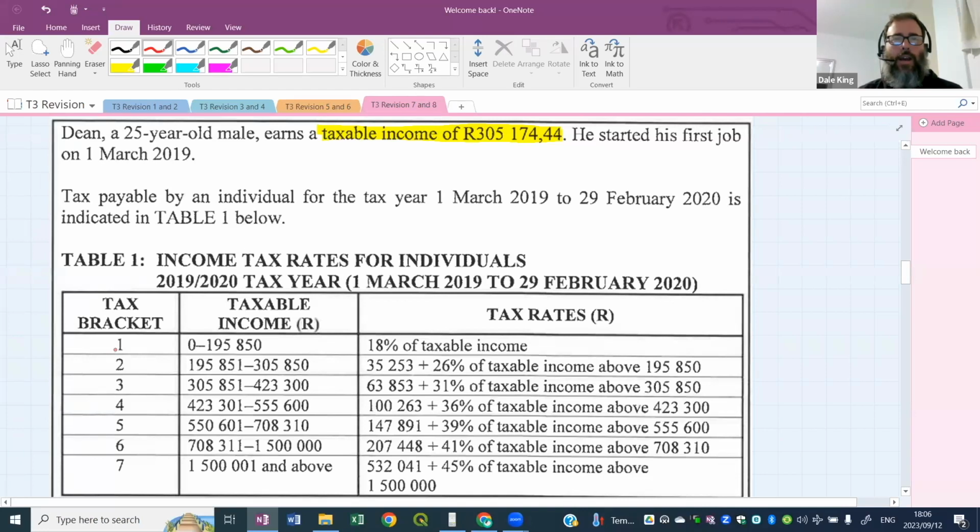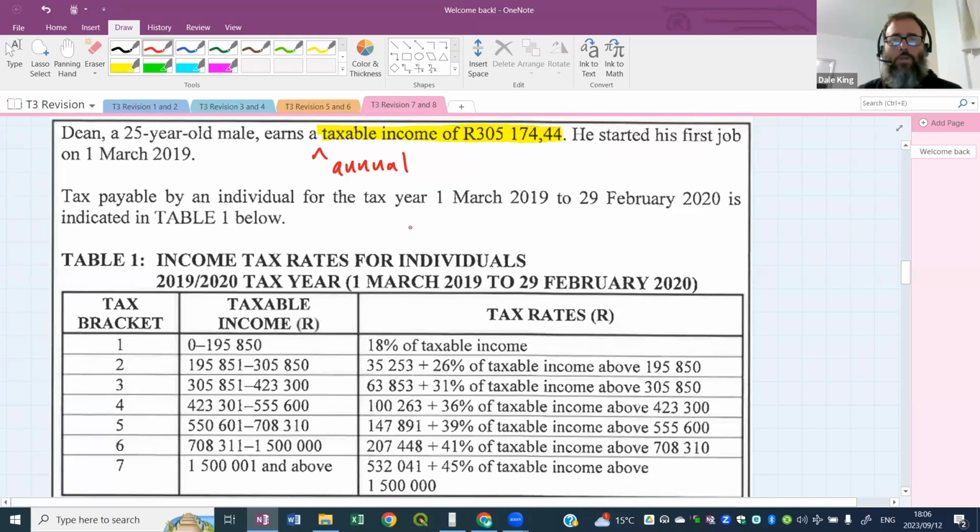All right. Now, I'm just checking, and the question doesn't actually say annual. So up here, it should say annual somewhere. But with that amount of money, we're assuming that it's annual. All right, and this is an annual tax table.